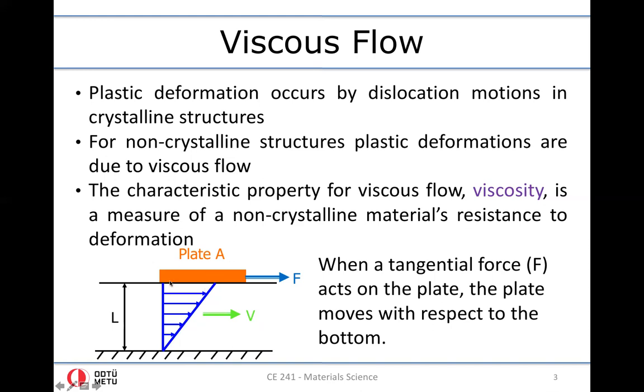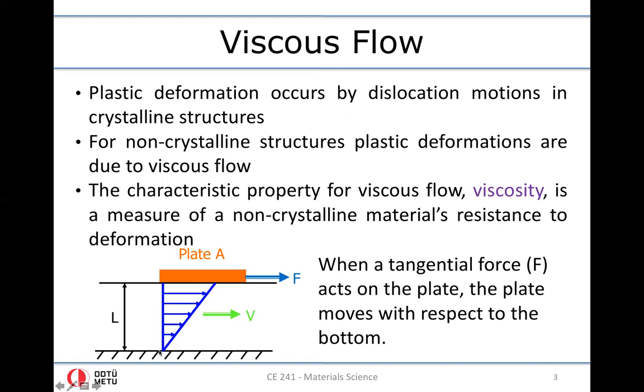And on top of this fluid, we place a plate, denoted by plate A, and assume that we pull this plate with force F towards the right. When we pull this plate, we generate a velocity profile in the fluid.